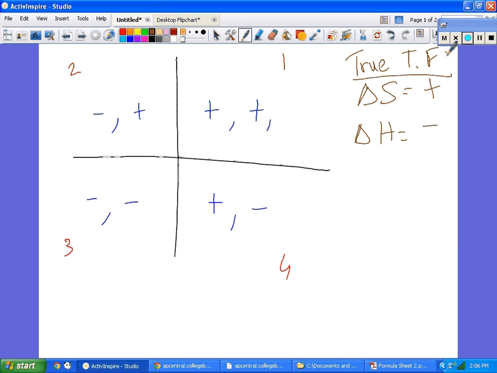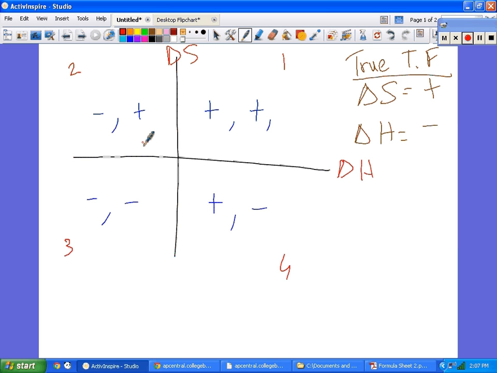I always forget which one is which. I think this is delta H and this is delta S. Okay, let's go there.